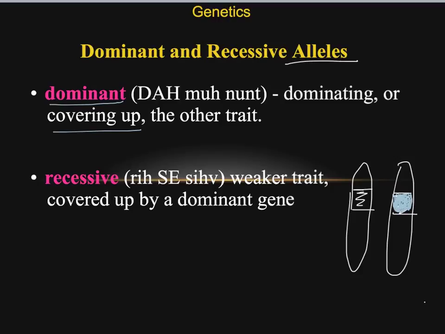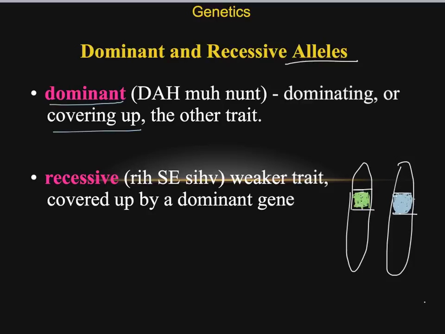So if blue eyes is a dominant trait, then if somebody has an allele for blue eyes, they would have blue eyes, and it doesn't matter what the other gene is. If it's green, and we have determined that blue is dominant, then the blue would cover the green, and you would get a blue-eyed person. You wouldn't get blue-green eyes or anything like that. You would just get blue eyes.